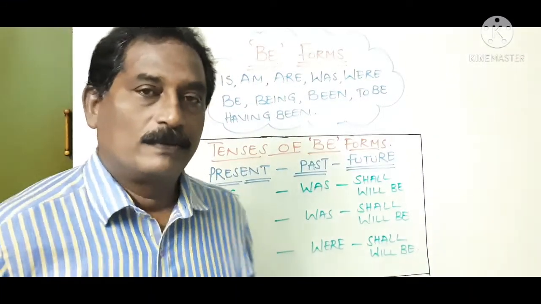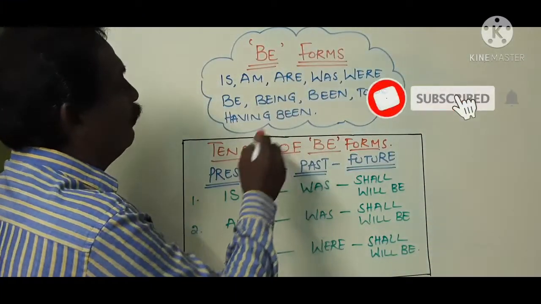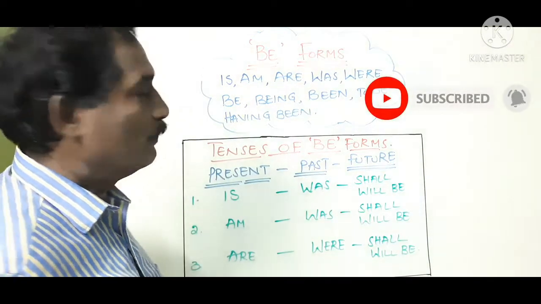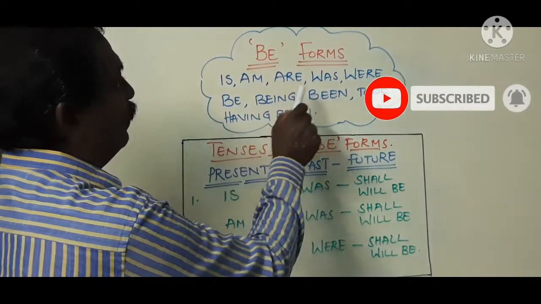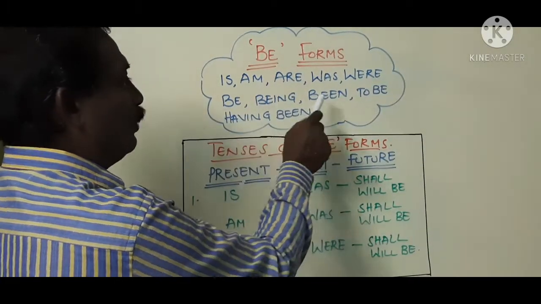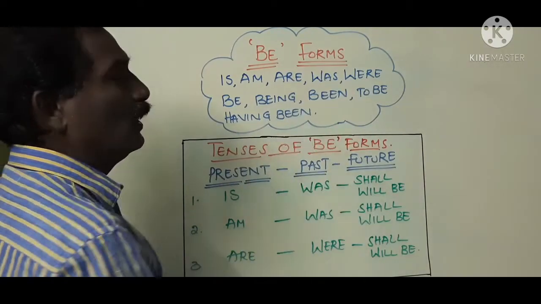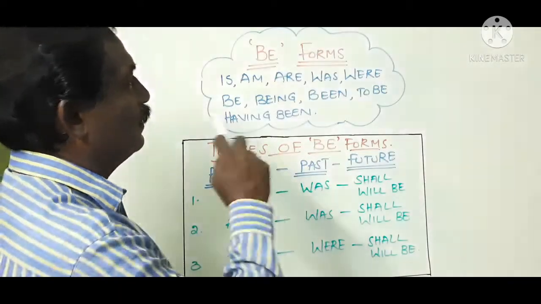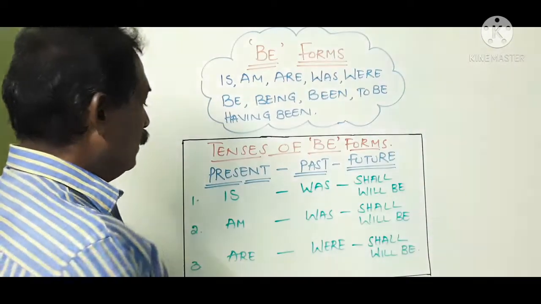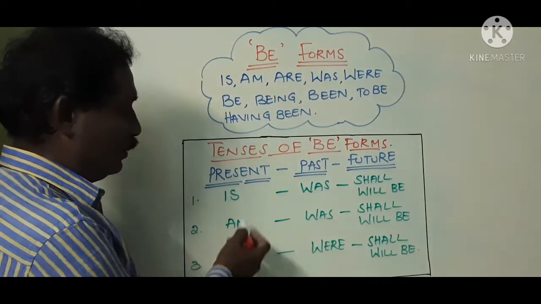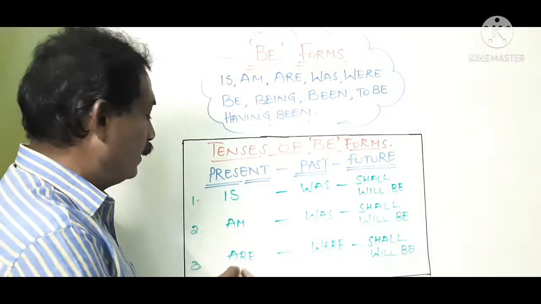Be forms help us to form tenses. Is, am, are, was, were, be, being, been, to be, having been are examples of be forms. The well-known be forms we know very well.